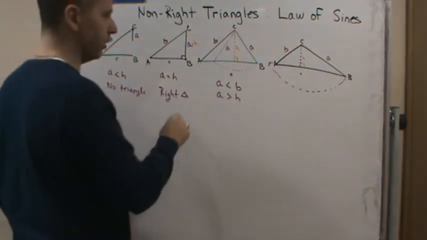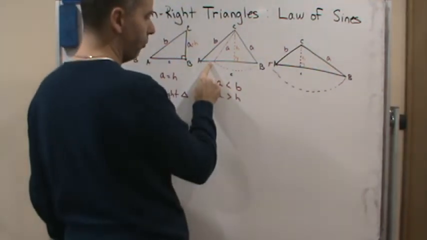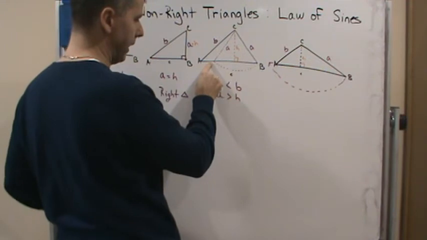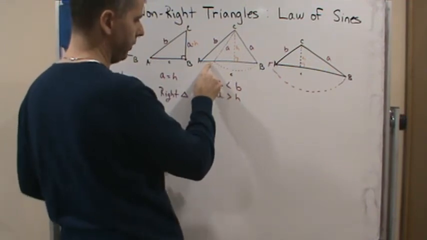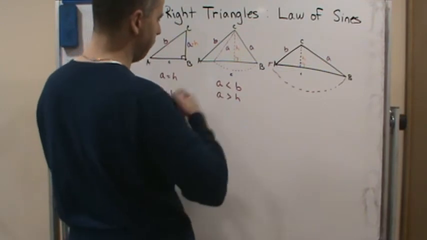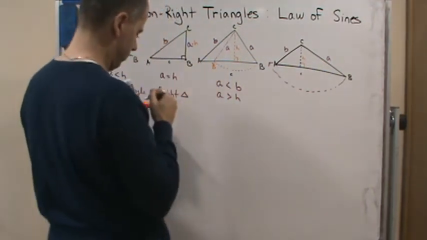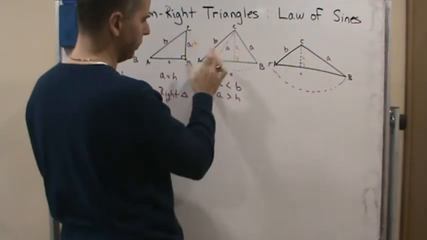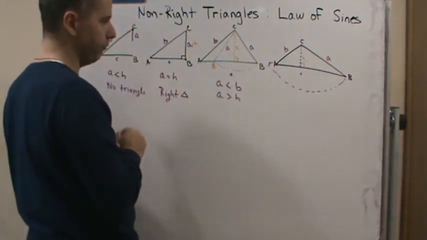I could have what we call an obtuse triangle, where B is right here, so we have the triangle ABC, which is an obtuse triangle.